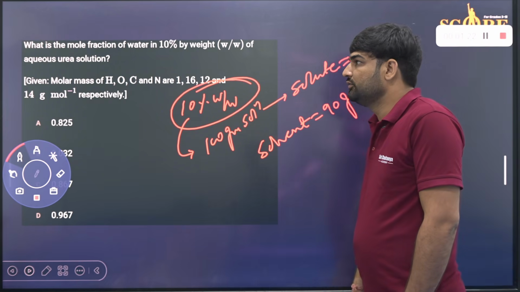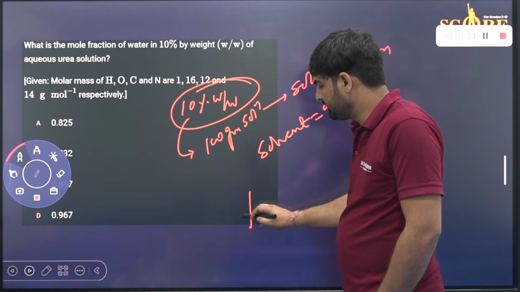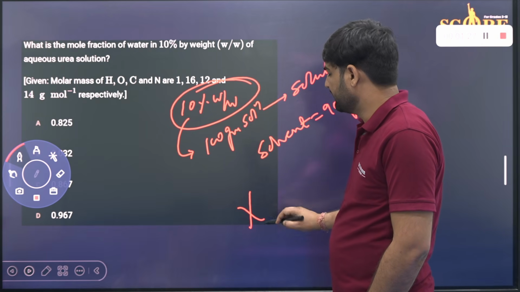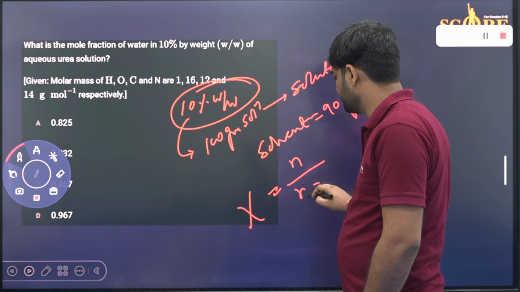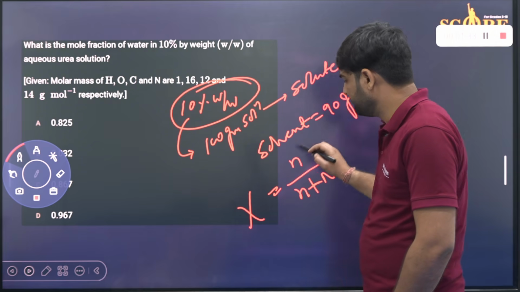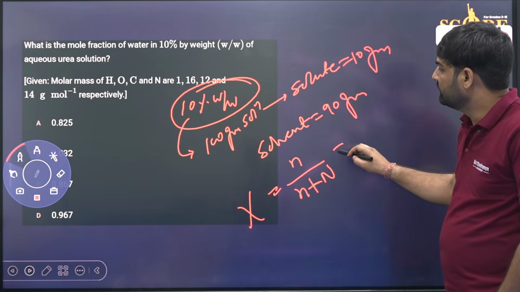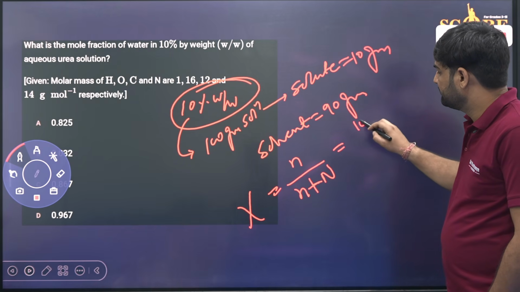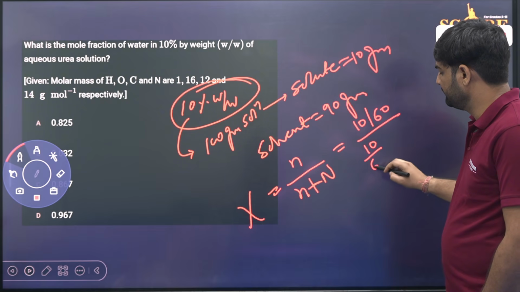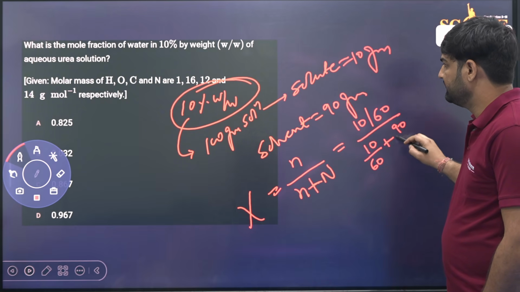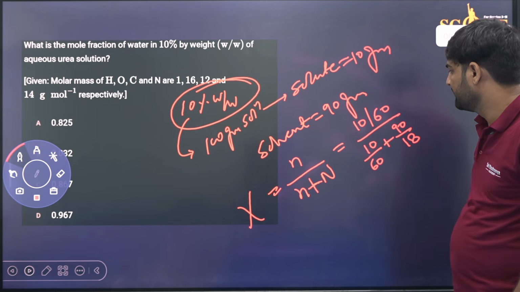Now we have to calculate mole fraction. What is mole fraction? Mole fraction of urea will be moles of urea, which I call small n, divided by capital N, moles of solvent. So 10 divided by the molar mass of urea gives the moles of urea, and this is water.